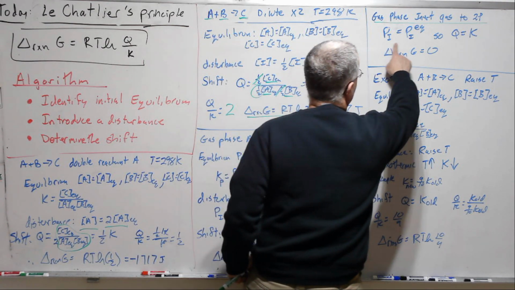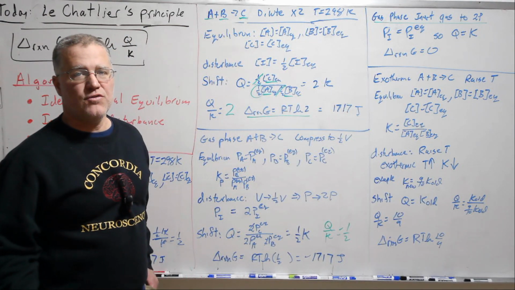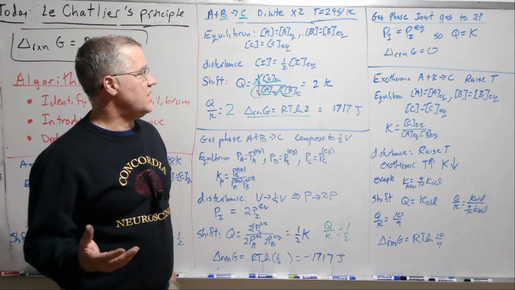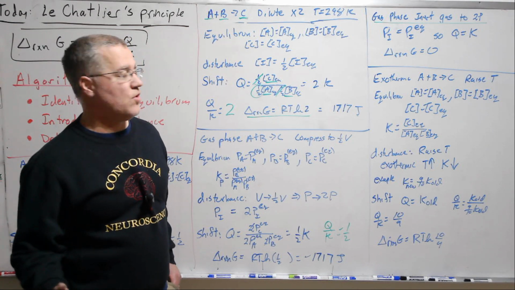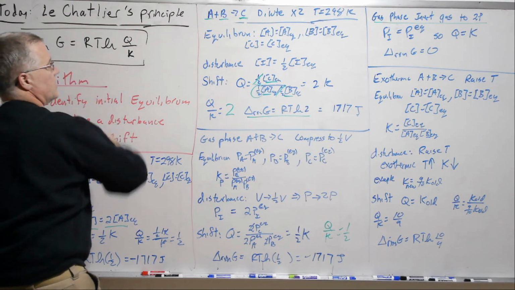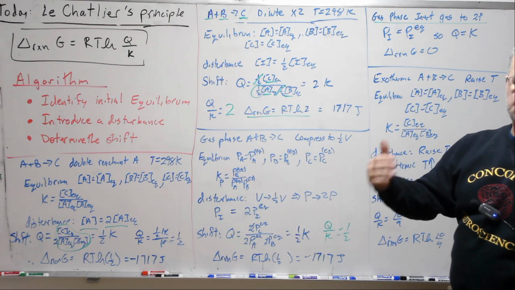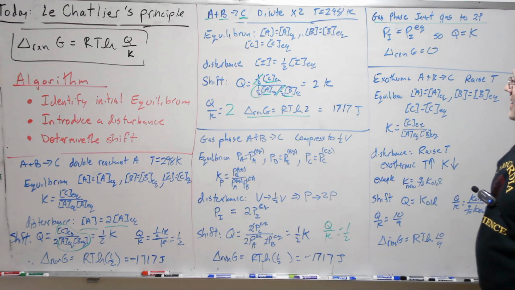So the partial pressures remain the same. So Q after the disturbance is equal to K. Q over K is 1. Log of 1 is 0. And so delta G is 0. And we go neither forward nor back. We stay in equilibrium by adding that inert gas.